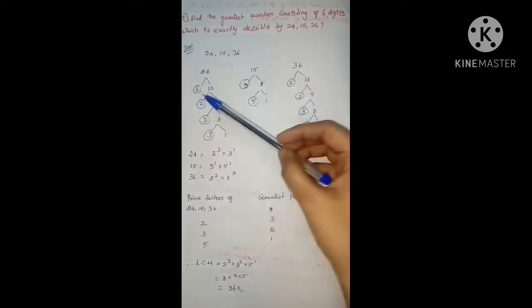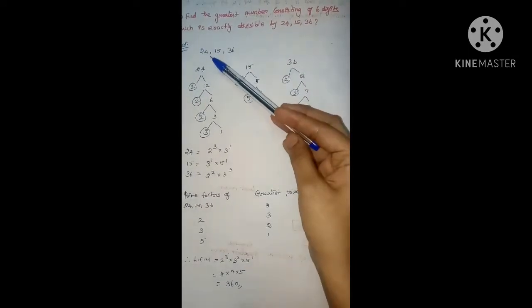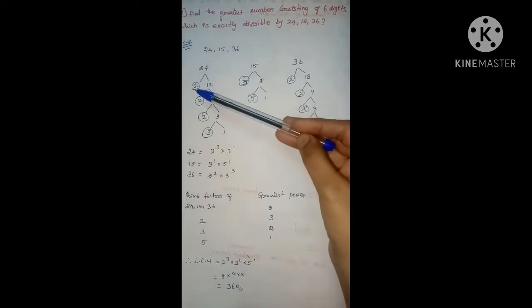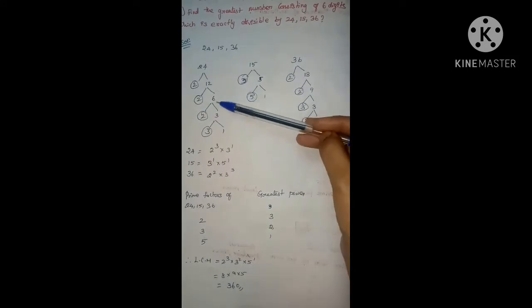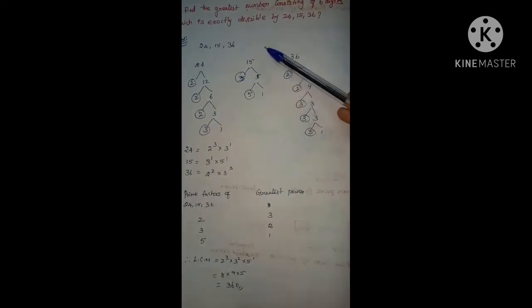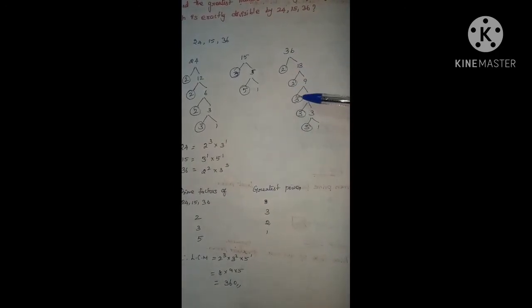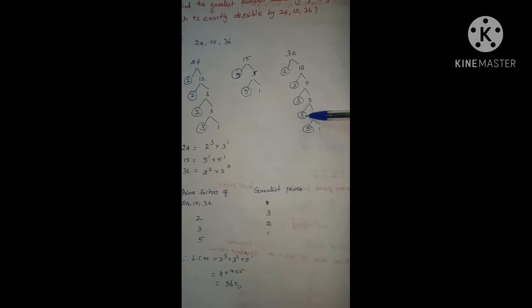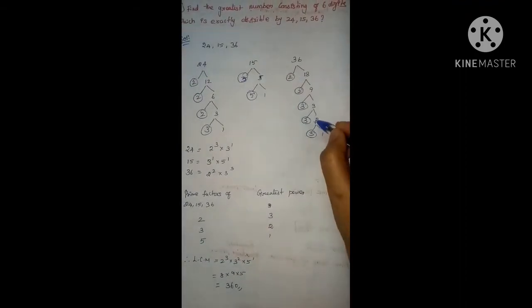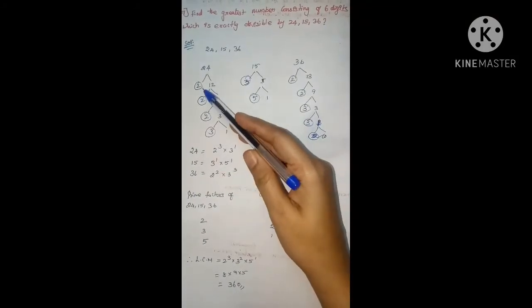Find the factors using the factorization method for the three given numbers, which are 24, 15 and 36. 2 into 12, 2 into 6, 2 into 3, 3 into 1. Here 3 into 5, 5 into 1. Here 2 into 18, 2 into 9, 3 into 3, and 3 into 1.